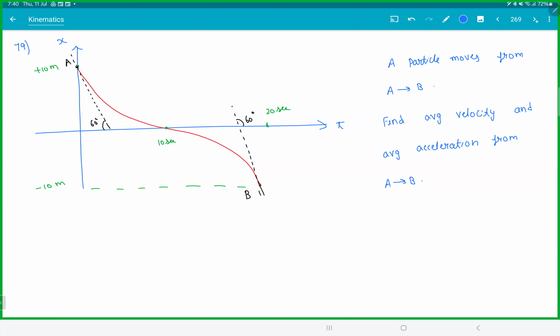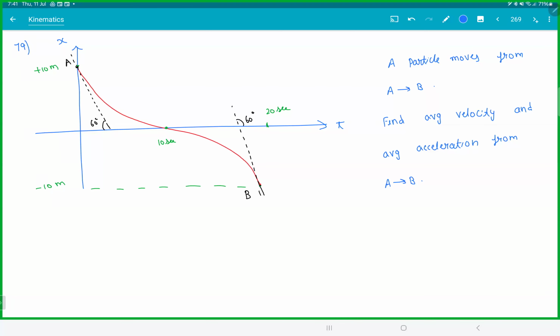Okay, we have one answer, which looks wrong. Definitely looks wrong. Vihan, what are you guys trying to find exactly? Average acceleration is what?